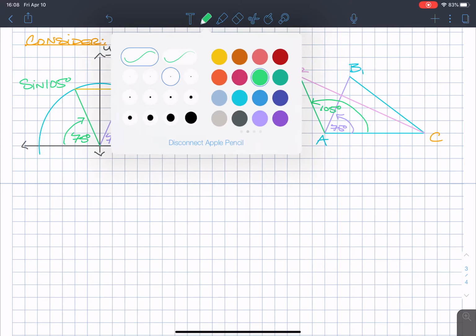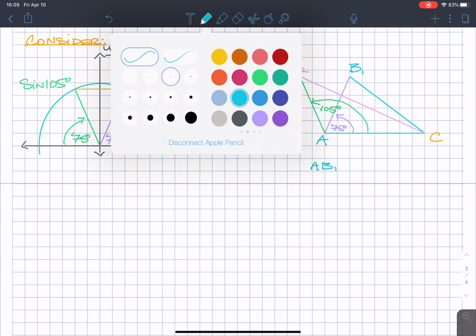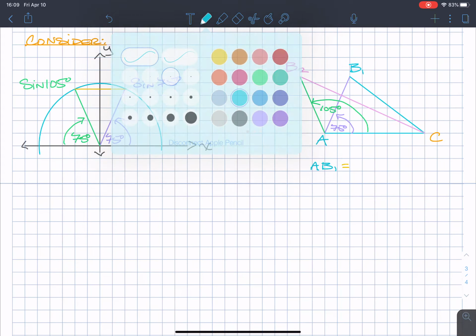But notice that we were on the unit circle, so do you agree that the length from A to B1, that length, or the measure, which doesn't have the macron over it, is the same length as from A to B2?